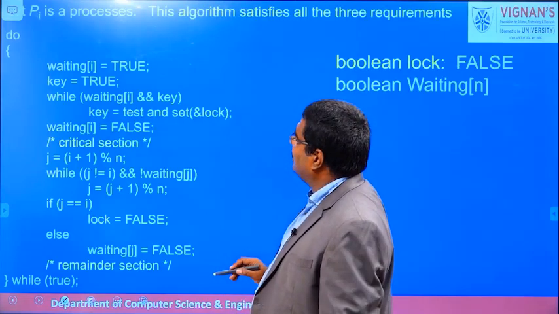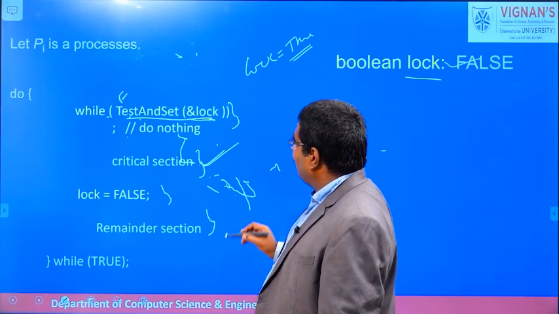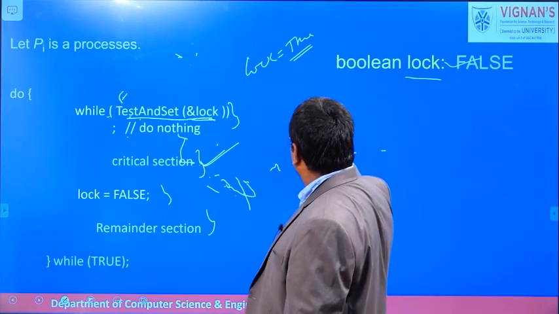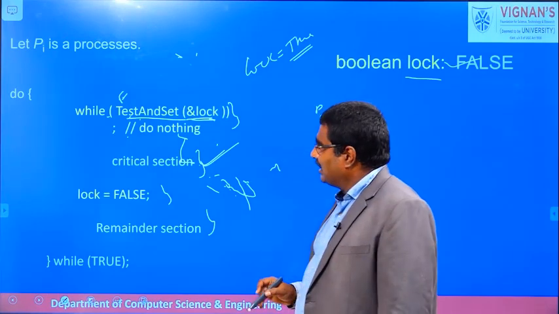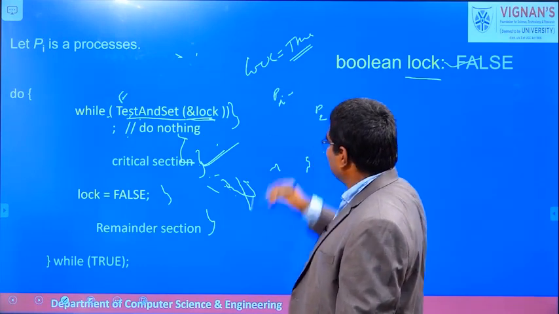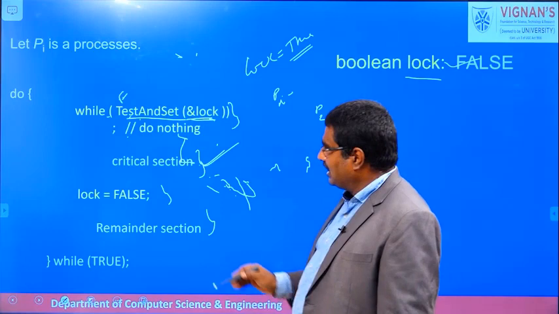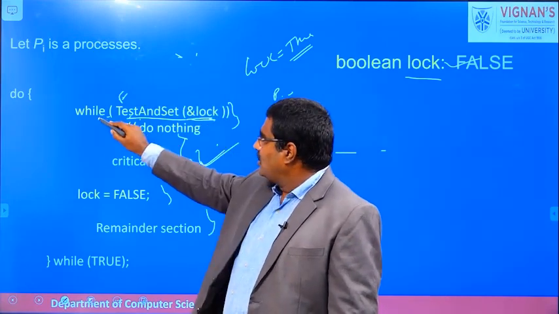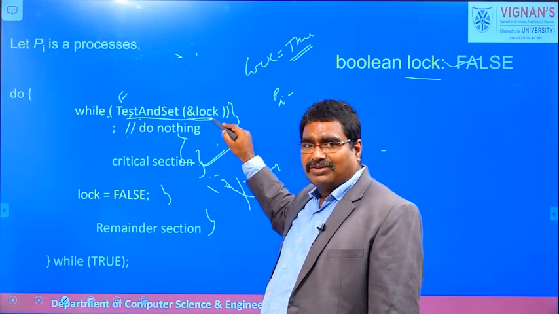Now for example, we assume that the P2 process wishes to enter, while the Pi process is already in the critical section. Again the P2 process also uses the entry section code while TestAndSet(lock).